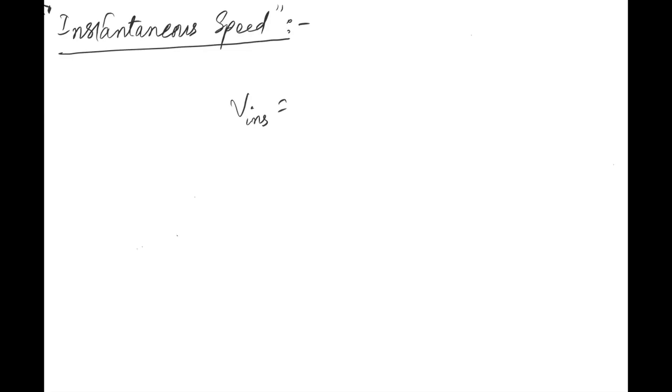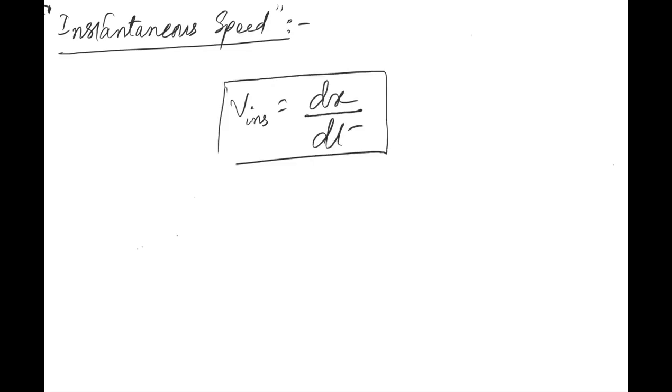That is, instantaneous speed is written as dx by dt. Did you understand why we wrote dx by dt? Because instantaneous speed means the speed at a point for which x will also be very small. How small? Infinitesimally small, whose value tends to zero.